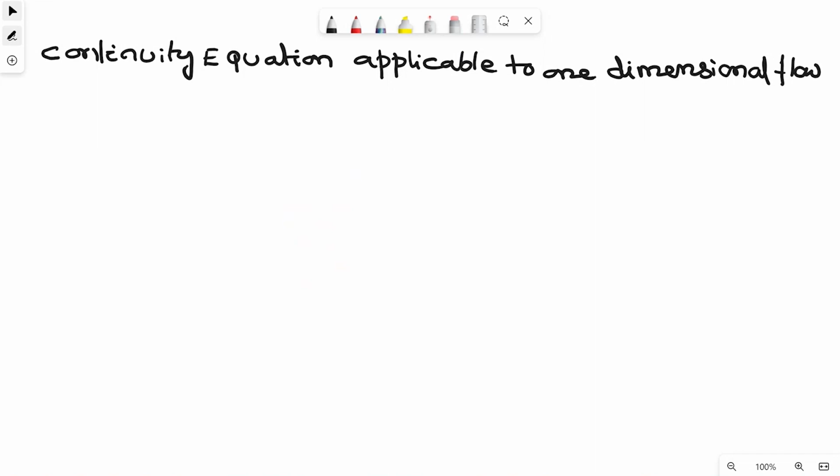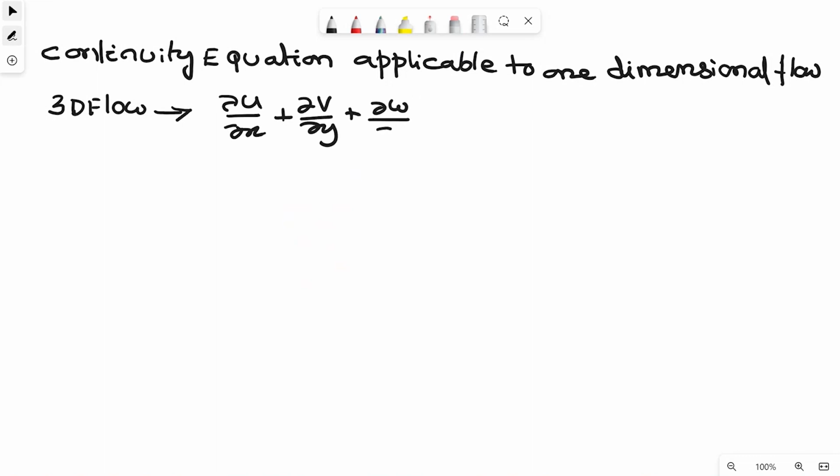In the previous class, if you recollect, for three-dimensional flow, we derived the continuity equation for steady incompressible fluid flow as dou u by dou x plus dou v by dou y plus dou w by dou z is equal to 0.